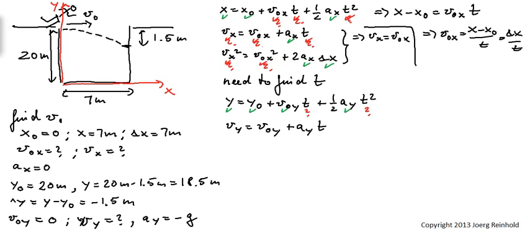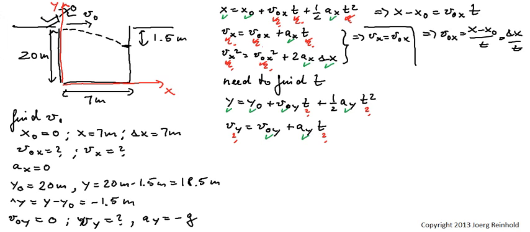The second equation, let's briefly look at this. The second equation, we do know what ay is. We do know what v0y is. However, we don't know what vy is, and we don't know what t is. So there are two unknowns in there. So the equation that will allow us to get to the time is actually the first one that we wrote out here.